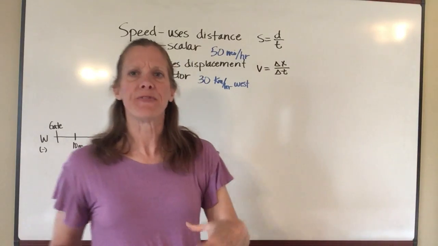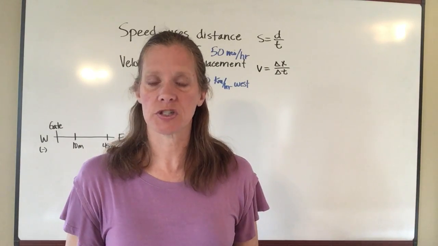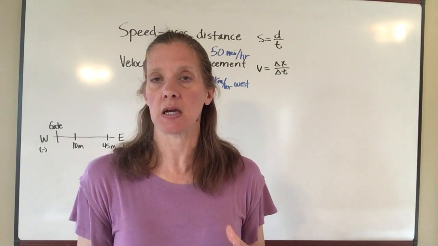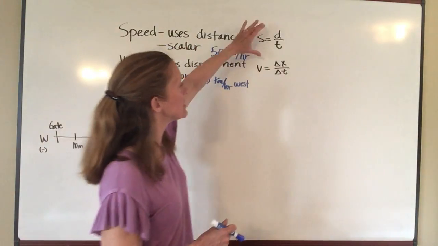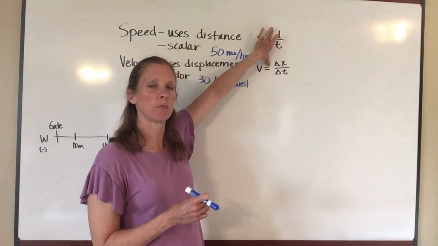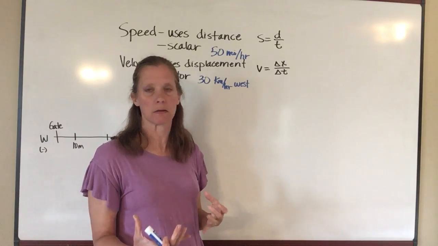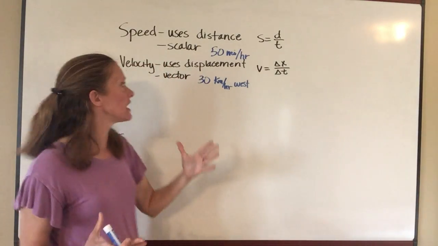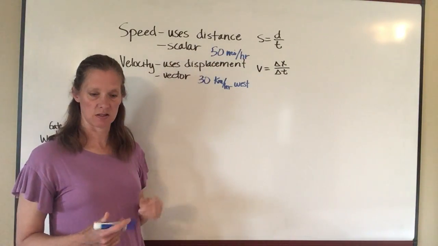And so if you see me do that, I don't want you to get alarmed, just because it's going to be really easy for me to get confused because I've done it so many years that way. It's still going to be a unit of meters or centimeters or kilometers. It's going to be a unit of length on the top, no matter which letter I may mistakenly put up there. Okay, so just keep in mind that velocity uses displacement, speed uses distance.